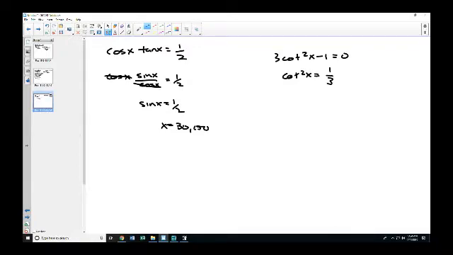Cotangent squared. Is the cotangent isolated yet? No. Cosine squared over sine squared. So how do we get rid of squared? Square root of it. So cotangent x is 1 over root 3.